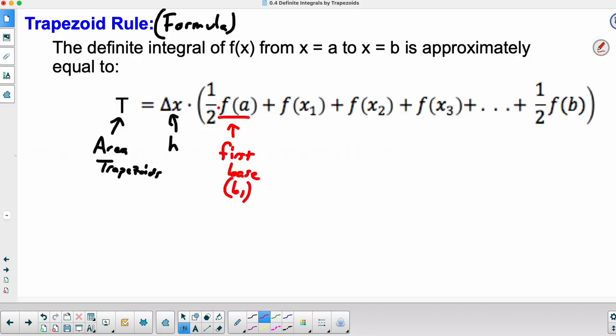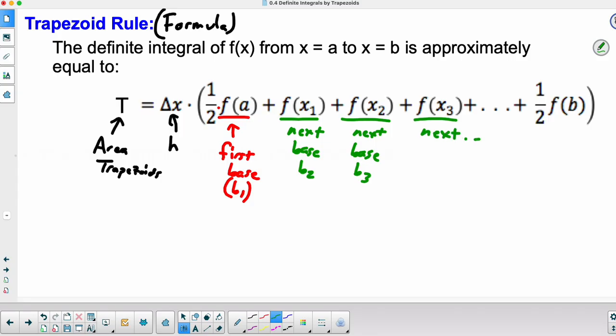Plus, notice it's half of that, plus the next base, whatever that is, plus the next one. So base 2, base 3, whatever it is as I keep going, plus the next one, dot, dot, dot as I go. But here's what's key though, plus half of the f of b.